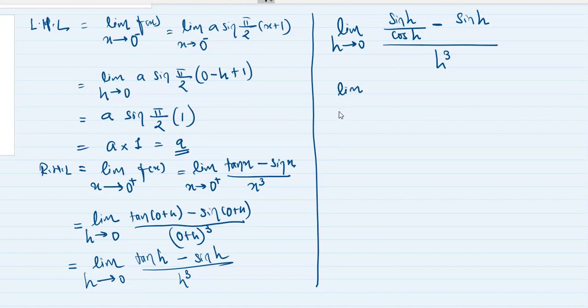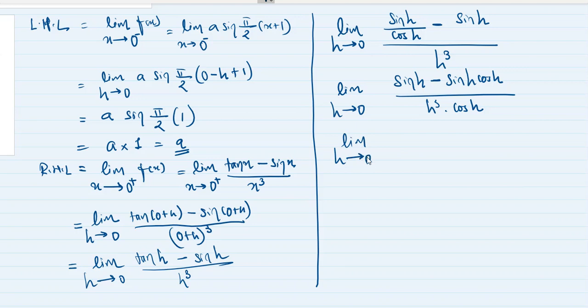Limit h tends to 0 of sin h minus sin h cos h the whole upon h cube into cos h. So this will become limit h tends to 0 of, let's take out sin h common, we'll get 1 minus cos h the whole upon h cube into cos h.